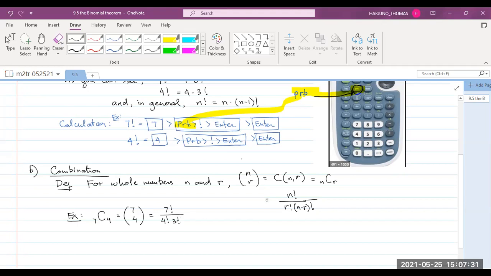If we spell this out, 7 factorial means 7 times 6 times 5 times 4 times 3 times 2 times 1, over 4 factorial times 3 factorial.